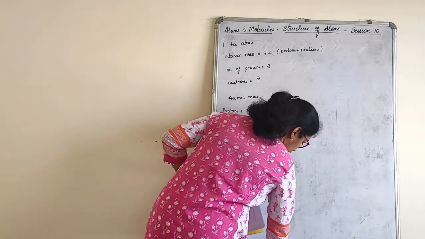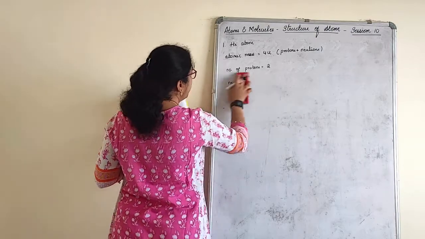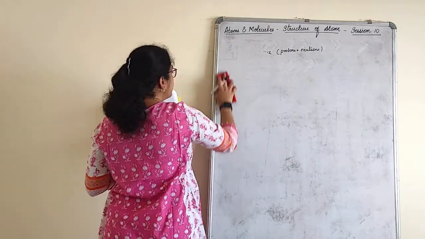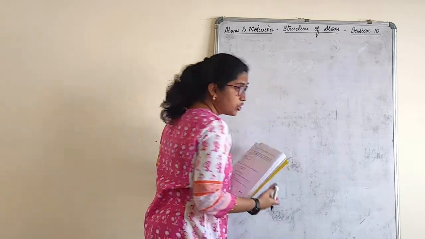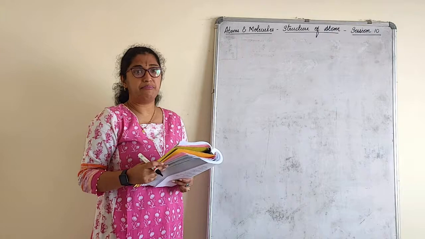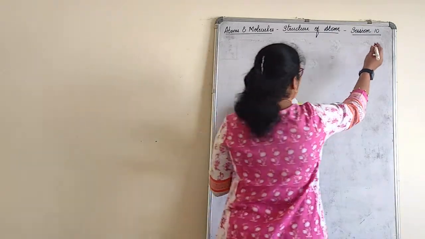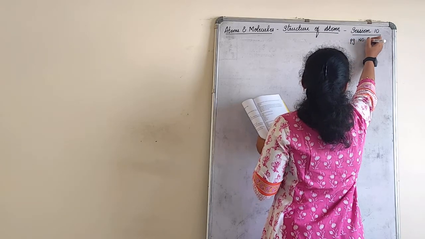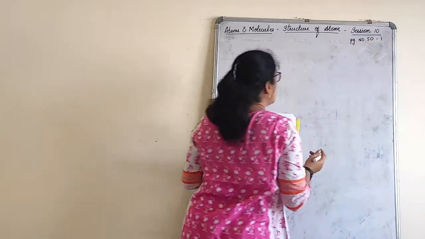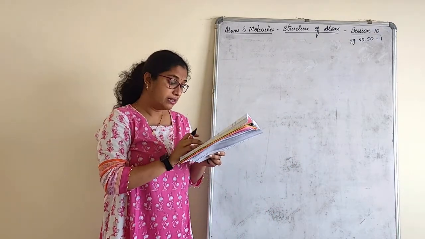Write the distribution of electrons in carbon and sodium. We have already done that, but they have only asked us distribution of electrons in terms of K, L, M, N shell. You can show that in K, L, M, N shell, children. Distribution of electrons, this is page number 50. First one. We have already done the distribution of electrons in carbon, sodium.